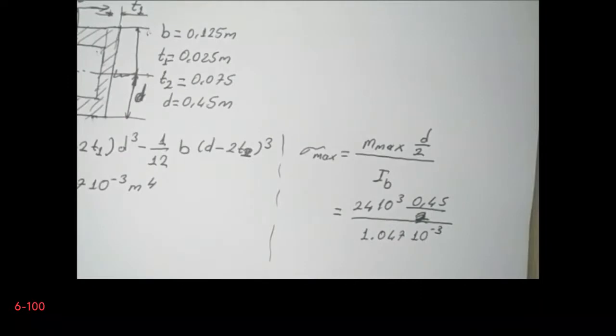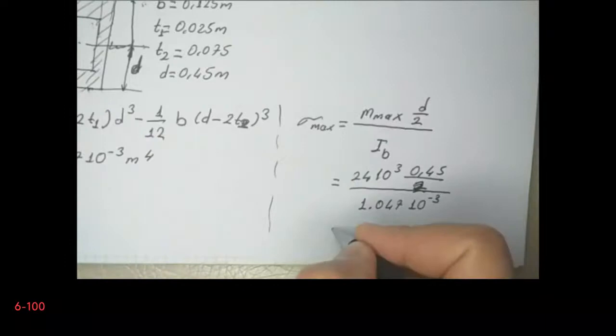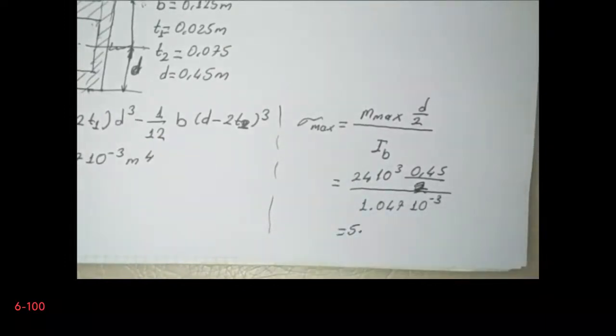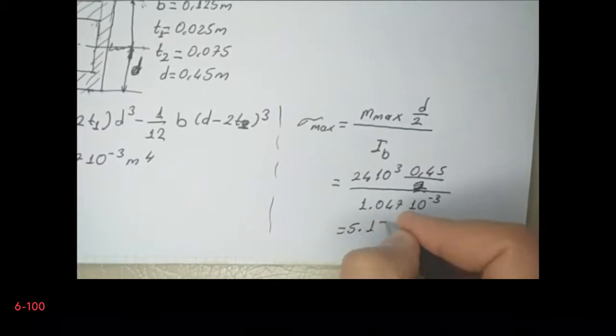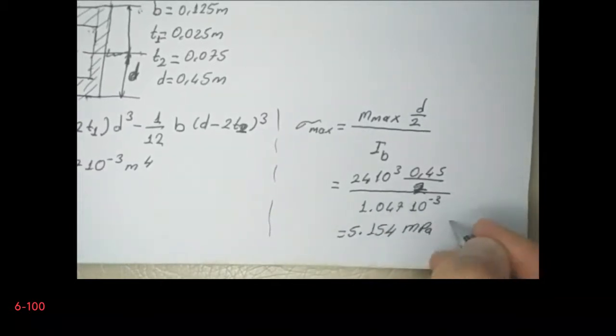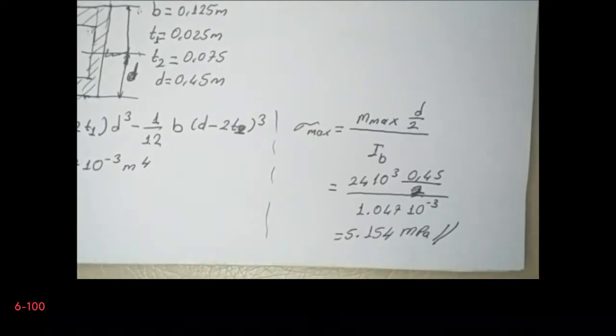So sigma max is equal to 5.154 megapascals. So this is the result. This is the maximum stress. It can be compressive or it can be tension, but this is the maximum stress.